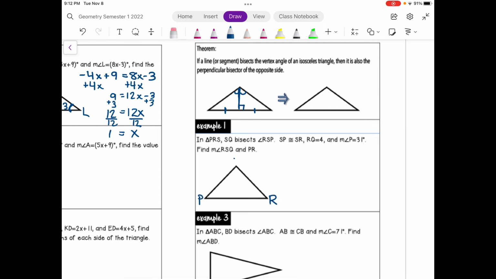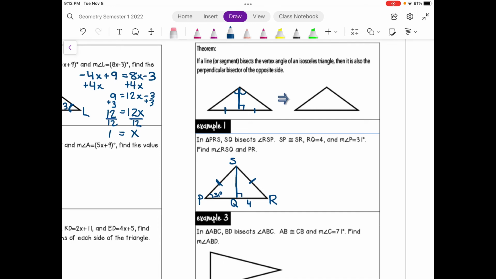So if we have PRS and then we have SQ that bisects this, the RSP, okay, so that's what that did. SP is congruent to SR. RQ is 4. And P is 31 degrees.